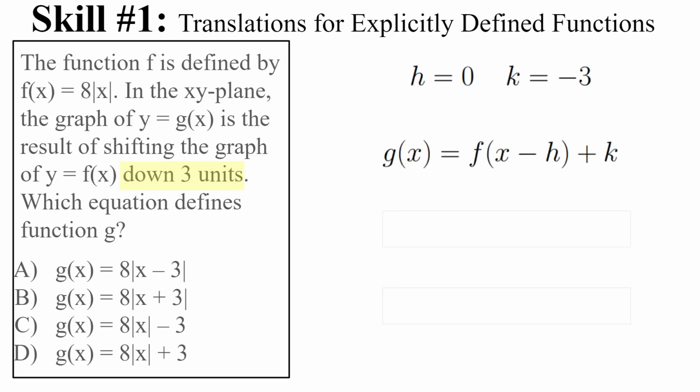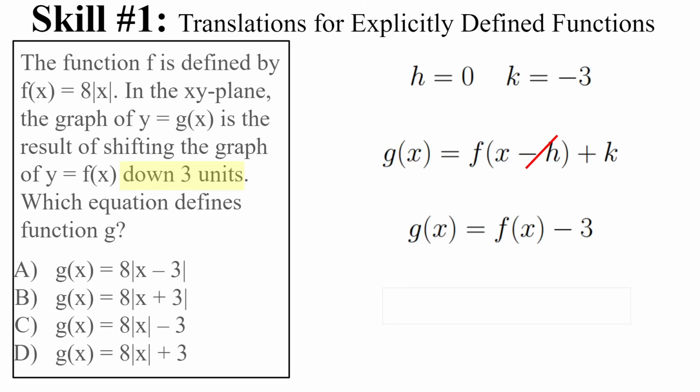Now we're going to do f of x minus h plus k. There is no horizontal translation in this problem, so we can just cross that out. And we're going to input our k of negative 3. So plus negative 3, that's the same as just minus 3. See how the sign, remember I said we keep the sign for k? See how it stayed the same, negative 3, and then in the expression, it's minus 3. And now, this one's not so bad.